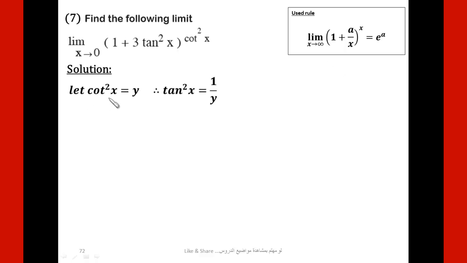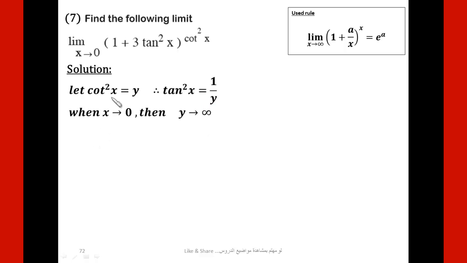Let cotan square x equal y, then tan square x equals 1 over y, as we will take the reciprocal of both sides. What is the reciprocal of cotan square x? It is tan square x. What is the reciprocal of y? It is 1 over y.